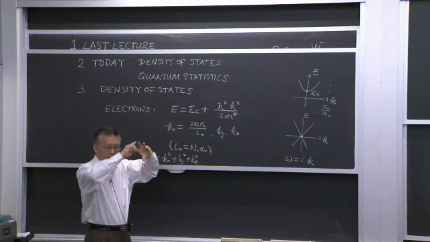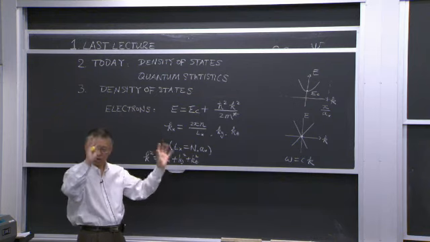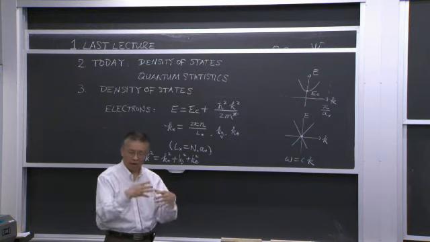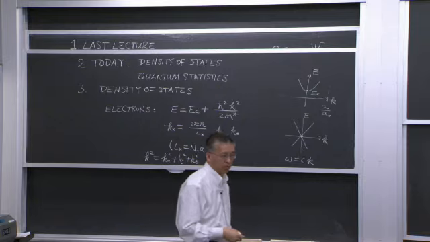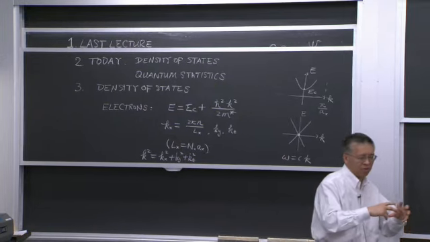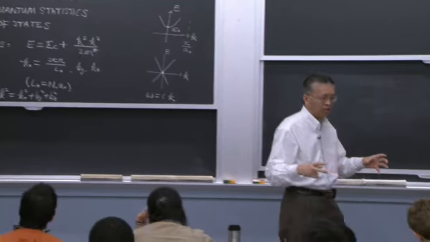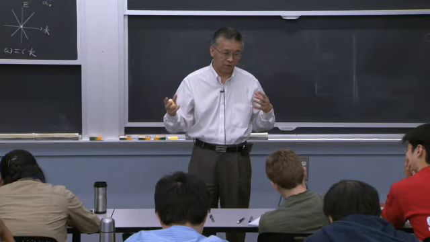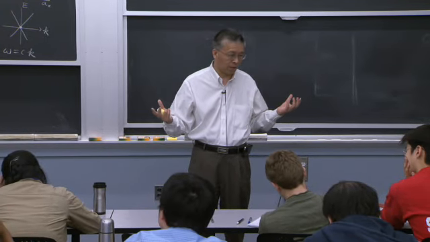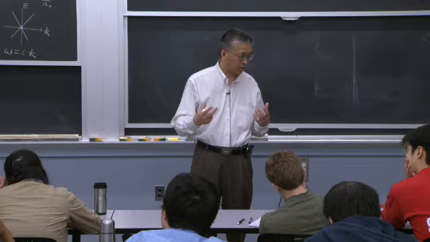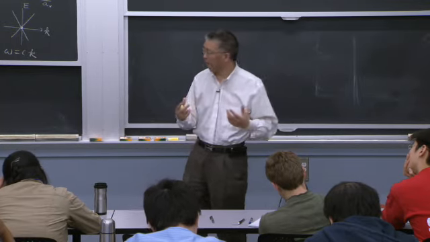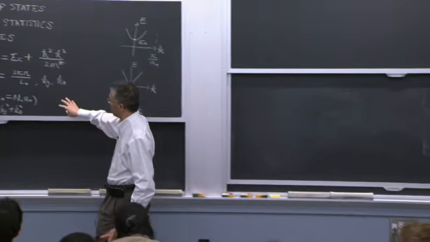Kx, ky, kz gives me a sphere. So it's a spherical constant energy surface. Sometimes if you draw a real constant energy surface in a solid, it looks very complicated. Sometimes it looks like an ellipsoid or even other shapes.